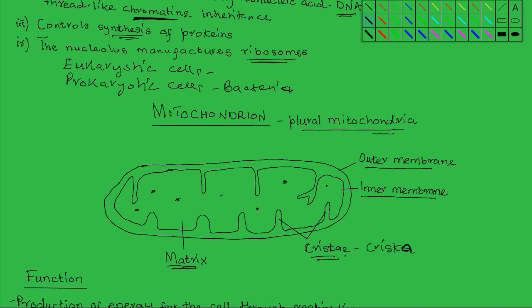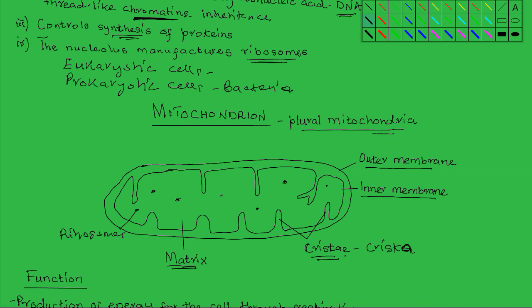And also, within the matrix, there are ribosomes. These ribosomes control the formation of respiratory enzymes because the mitochondrion synthesizes its own respiratory enzymes that control the respiratory reactions.